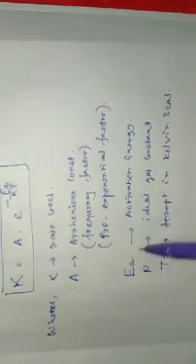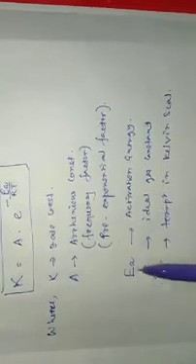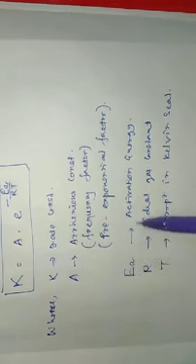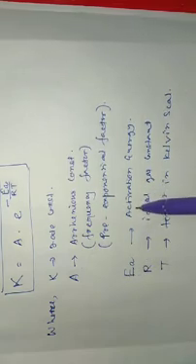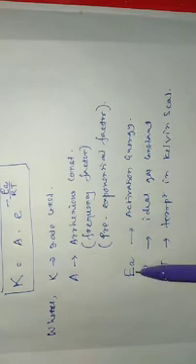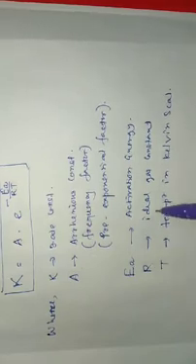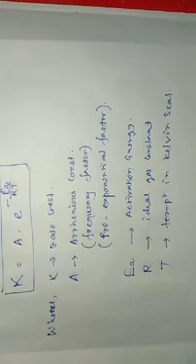Ea is a very important factor related to a chemical reaction, known as activation energy, which we will discuss in our next video. R is called the ideal gas constant, and T is the temperature in Kelvin scale.